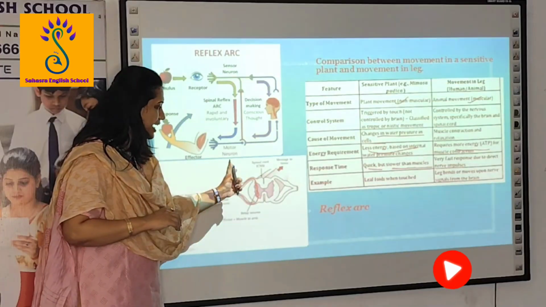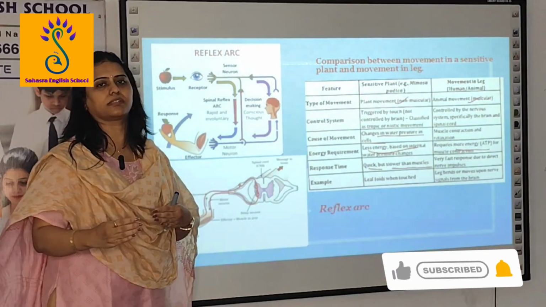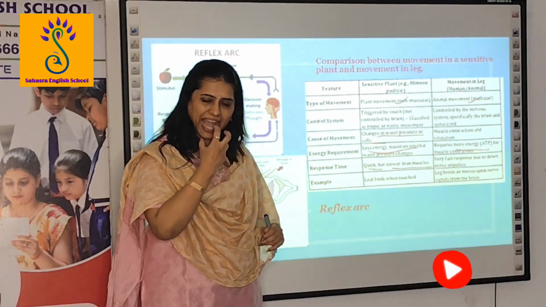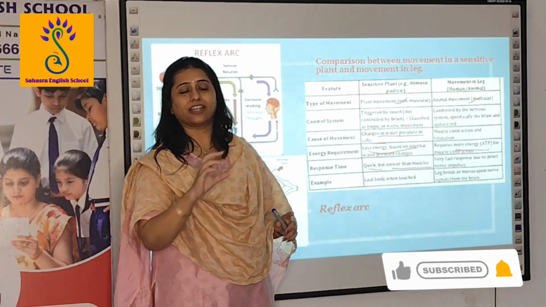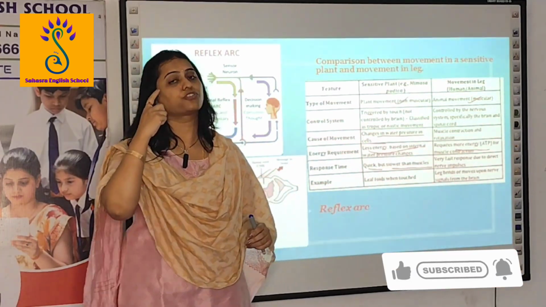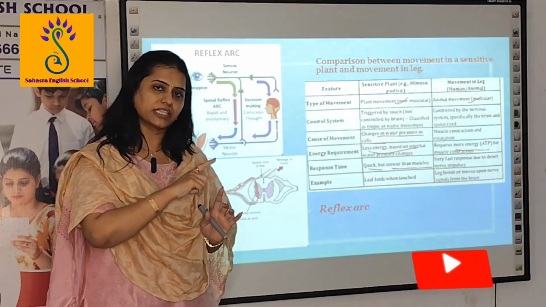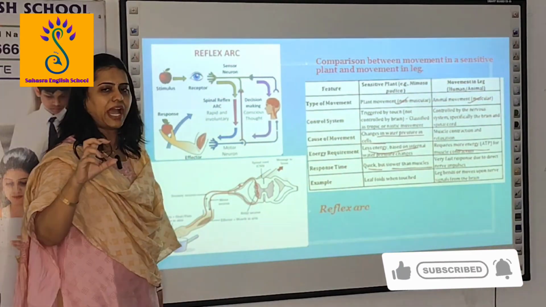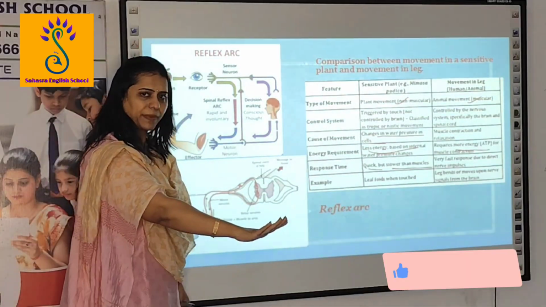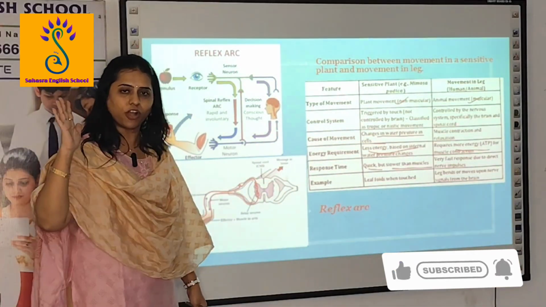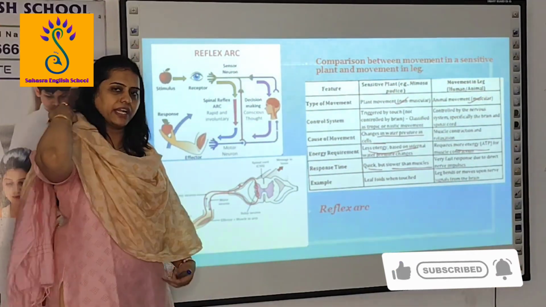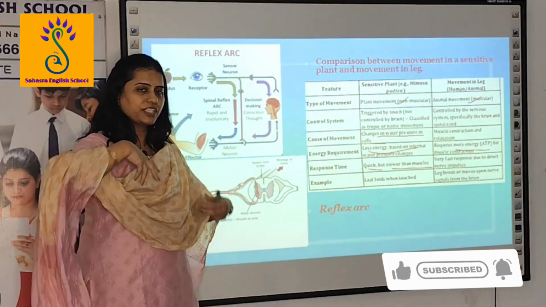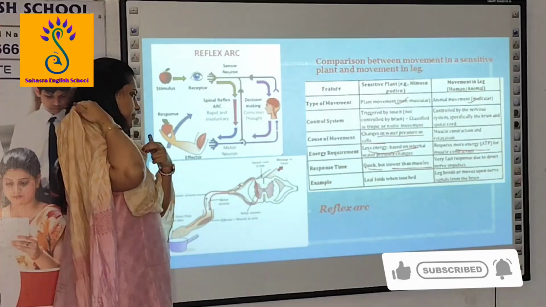If it has to be processed, for example, an apple is there, you want to touch and have it, processing should go on in your brain, so the signals go further to the brain. If it is a rapid action, like a hot pan, you have to remove your hand from the hot pan. That is an immediate rapid action. For that, the spinal cord will respond.